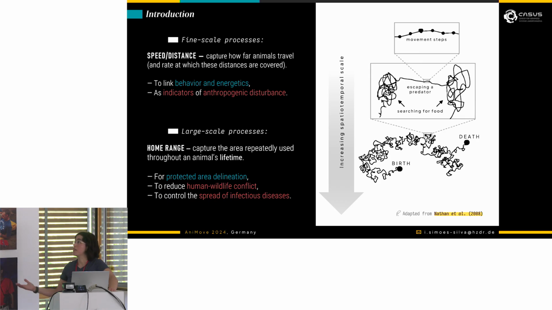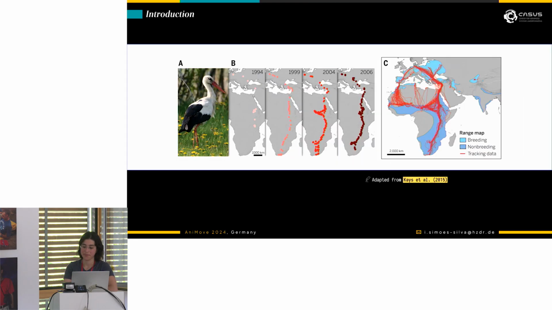Obviously, for large-scale processes, one of them is the home range. Interested in capturing this, that I've already talked about a lot, this lifetime use of an animal's area. And that's also, again, for protected area delimitation, human-wildlife conflict, a lot of different questions that you can ask about this. And obviously, it would be really nice if you can always get birth to death.